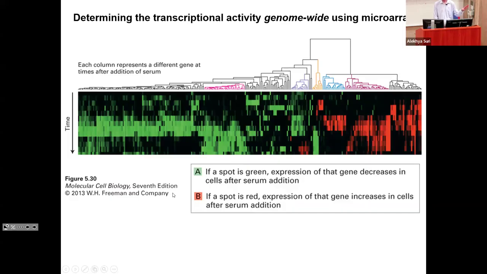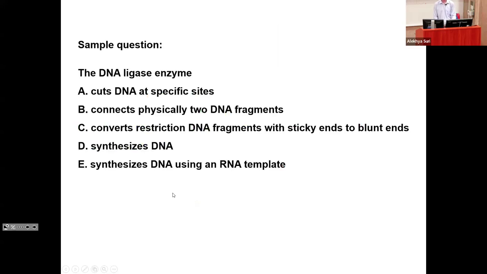In today's world, you would not really use this method anymore. You would do RNA sequencing directly. Whole genome RNA sequencing basically replaced this method.